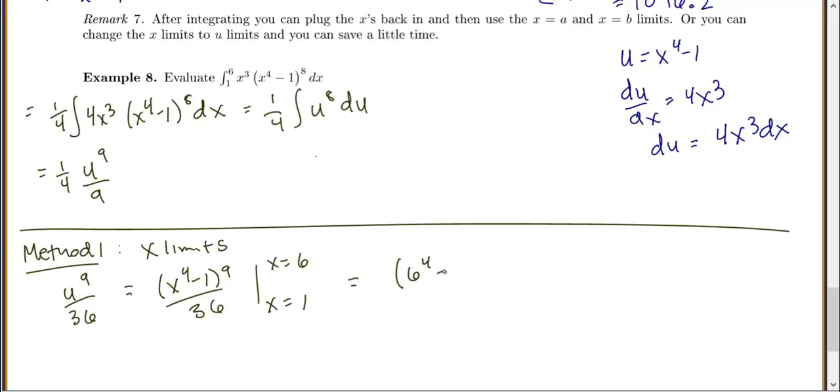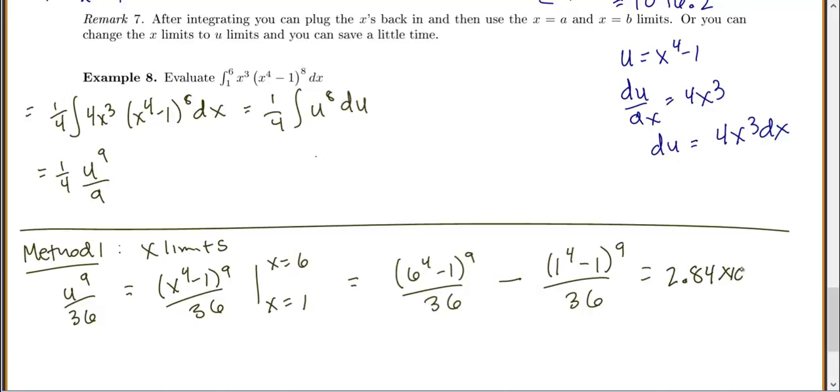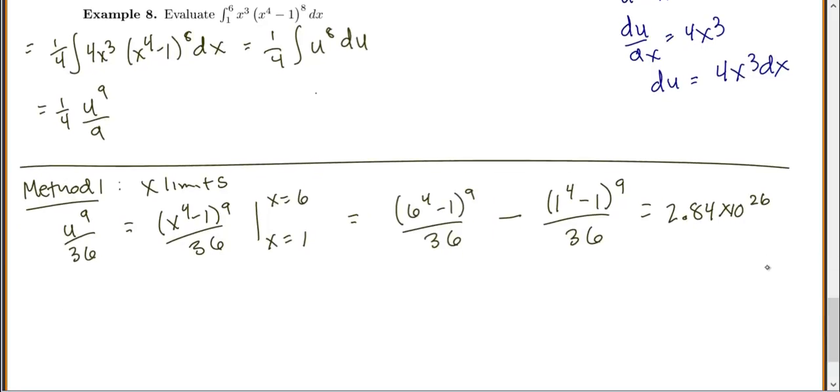So this is going to be 6 to the power of 4 minus 1 to the power of 9 over 36 minus 1 to the power of 4 minus 1 to the power of 9 all over 36, which should give me 2.84 times 10 to the 26. So that's a big number there.